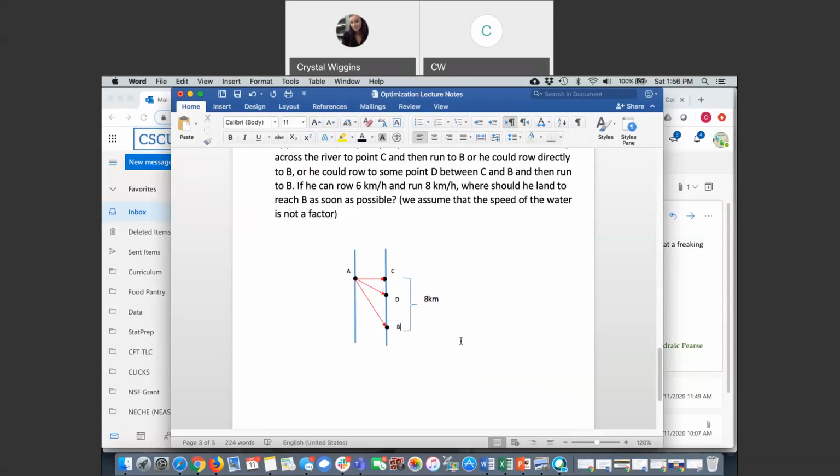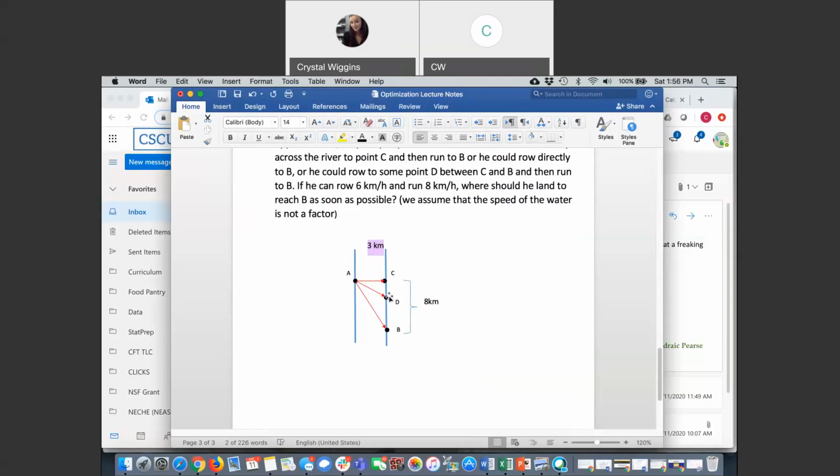The other thing that we need to recognize is that the width of this river was stated to be 3 kilometers. So picture that to be from the left side of the river to the right side of the river that doesn't have a current. And we need to label x. Because D is an undetermined point, B is set 8 kilometers downstream, C is directly across from A, but D, they're saying D is anywhere in between where we should stop.